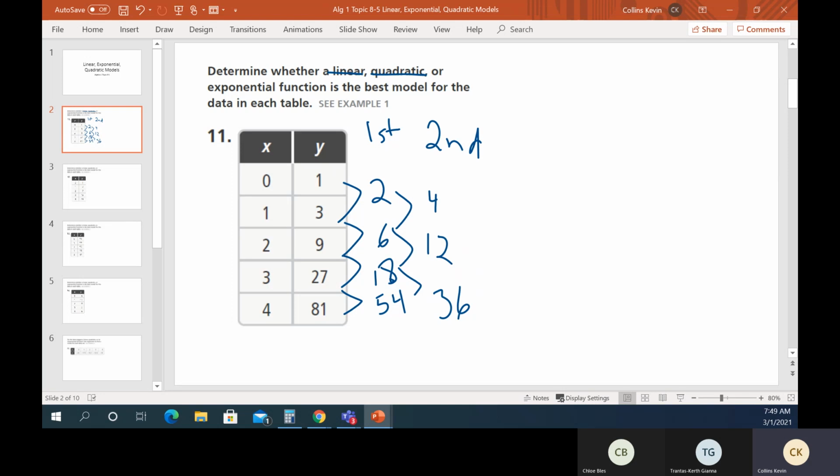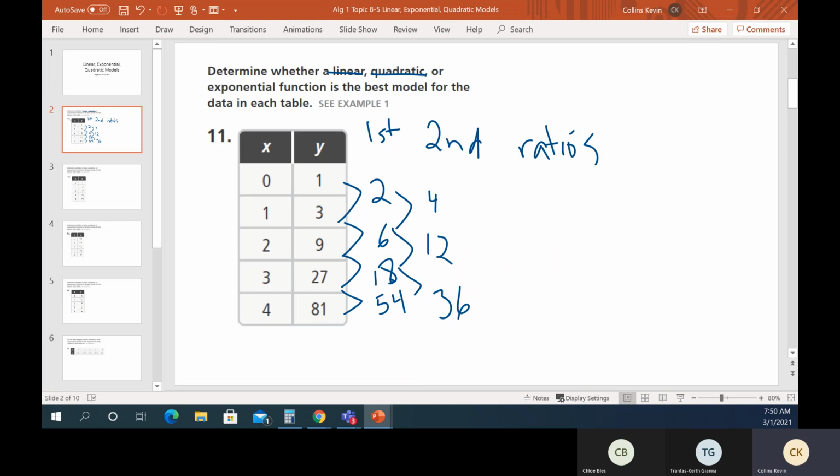But here's how you figure out the exponentials. You take the y value and divide it by the previous y value and see what you get. You want to see, do I keep multiplying by the same thing over and over? So let's try that. We want to see what the ratios are.